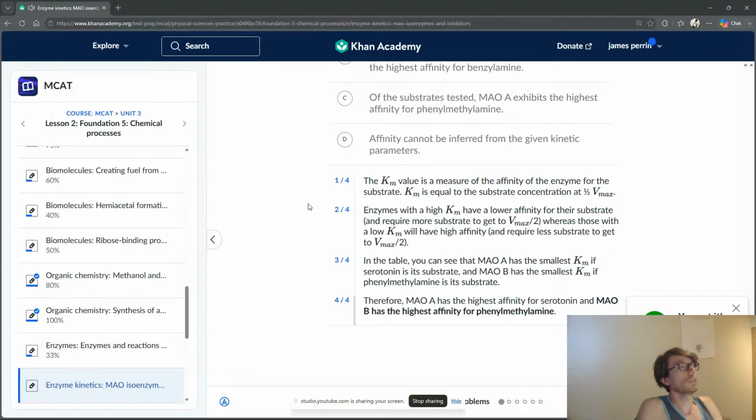Km value is the measure of the affinity. I knew that. Enzymes with high Km have a lower affinity for their substrate, whereas those with a low Km have a high affinity.